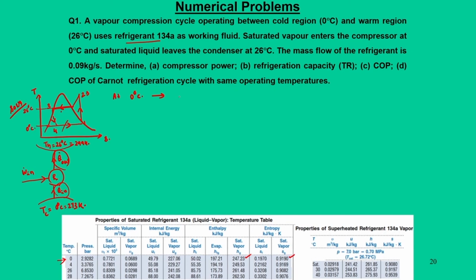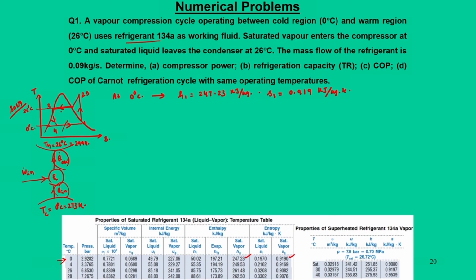So, we can write H1 as 247.23 kilojoule per kg, and S1 as 0.919 kilojoule per kg Kelvin.